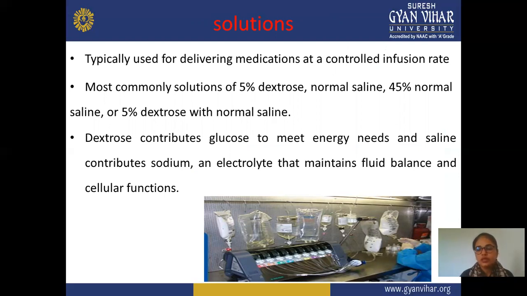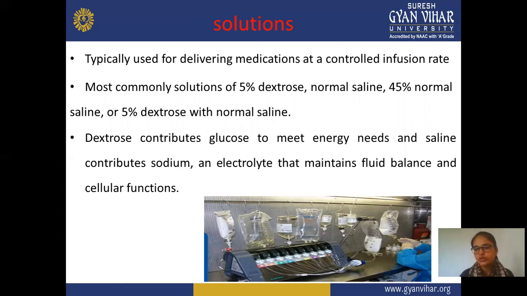When you are delivering some medicine for a particular purpose, the administration of the drug is in a controlled or slow manner when you infuse with the help of small volume parenteral. Most commonly used are solutions of 5% dextrose, normal saline solution, and 0.45% normal saline, or 5% dextrose with normal saline.